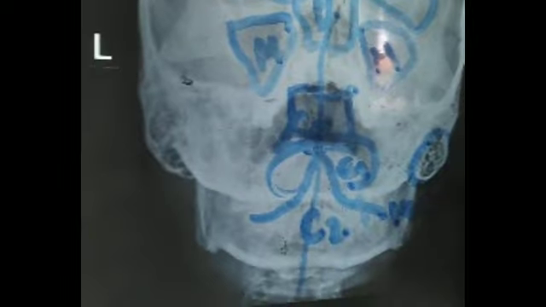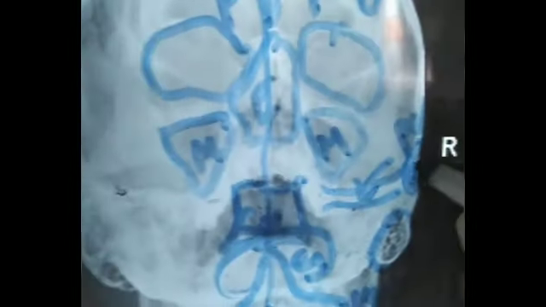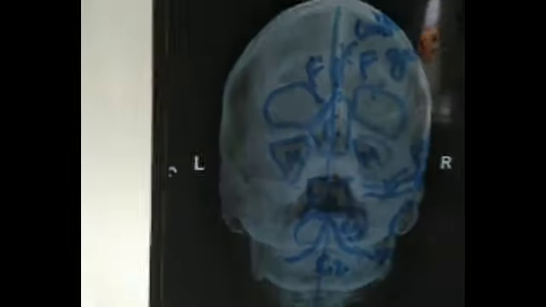We also have a special view where we can see these mastoid air cells. This area is known as the petrous ridge, petrous ridge. This particular area is known as the condylar area. When you're taking the Waters view, make sure that these condylar areas are equidistant from each other.